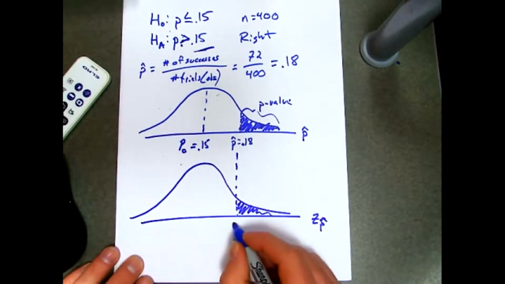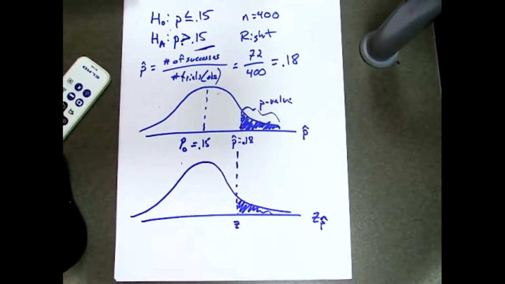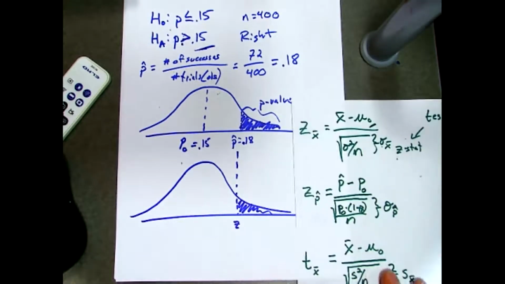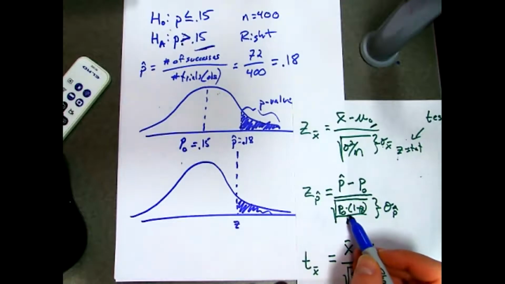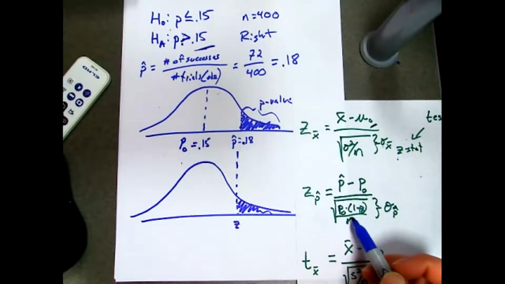Well, how do I find this z-value? Well, we have this from our formula sheet, right? We're going to have that going into the exam. I'm just plugging my values in here, right?